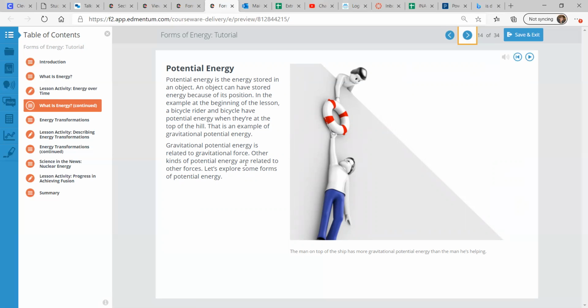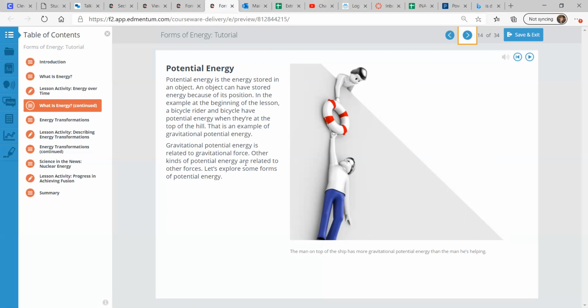A bicycle and cyclist have potential energy when they're at the top of the hill. They have the potential energy to move down that hill because of how high they are.